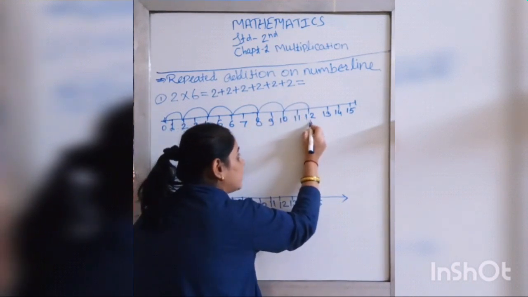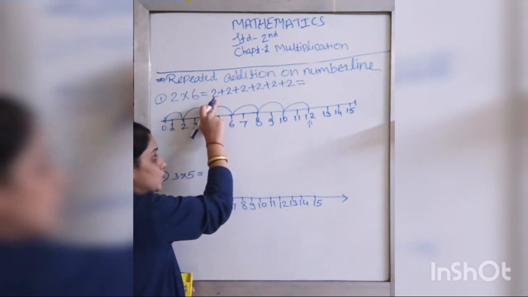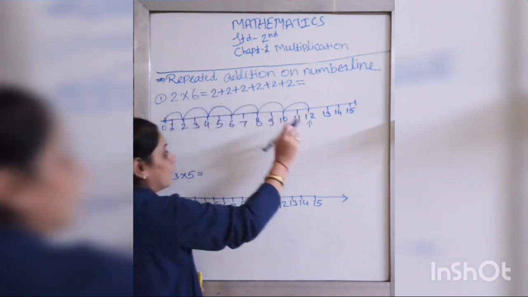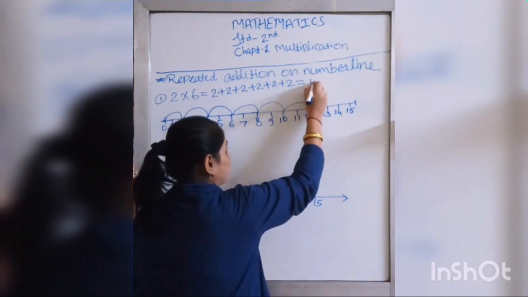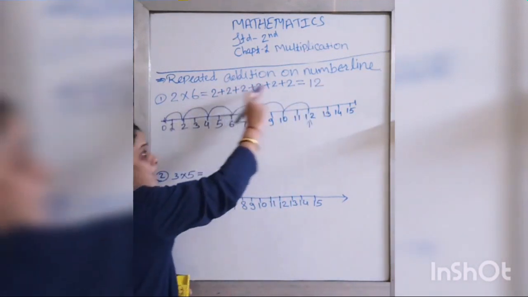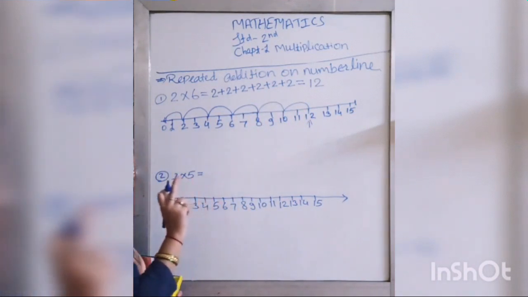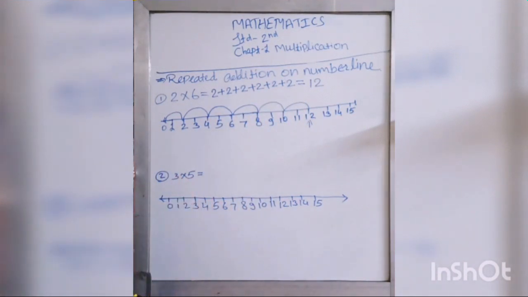What is the number here? 12. So when we add this 2 six times, we get the answer 12, and also 2 sixes are 12. Understood? It means multiplication is repeated addition of the same number.